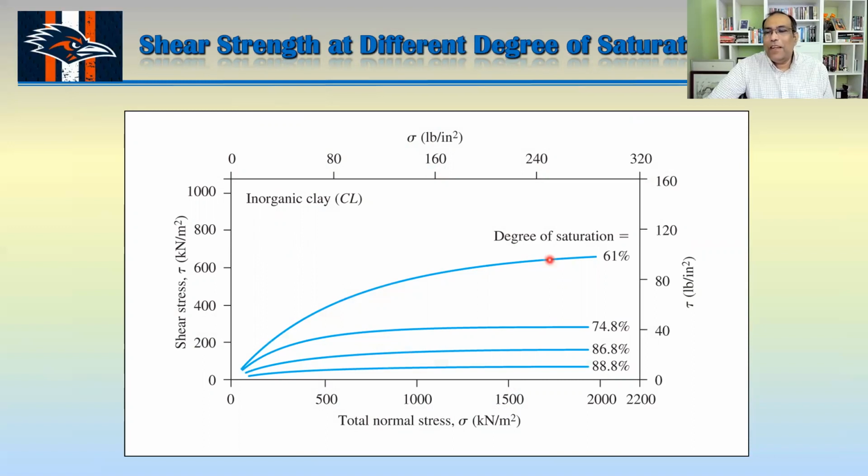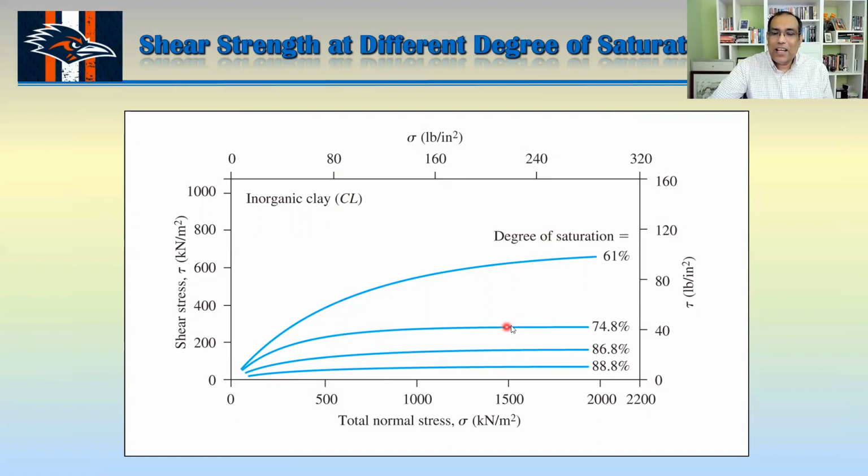Now, let's say for a very dry area, you design something using that, with shear stress of 600 kPa, because it doesn't rain that much, let's say in El Paso. But in one year, somehow it rained a lot and your degree of saturation moved from here to here.